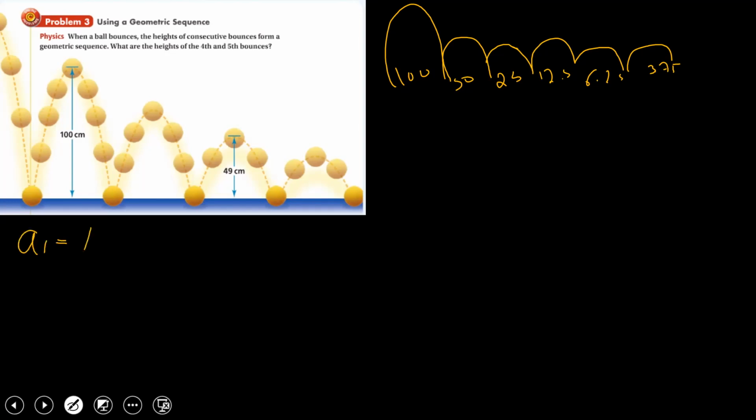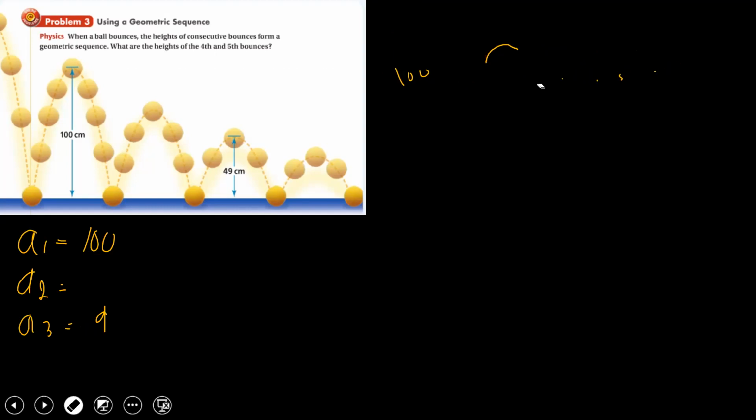A sub 1 here is 100. A sub 2 is unknown. And a sub 3 is 49. So here we have a sub 1 and a sub 3, and he asked me to find a sub 4 and a sub 5.